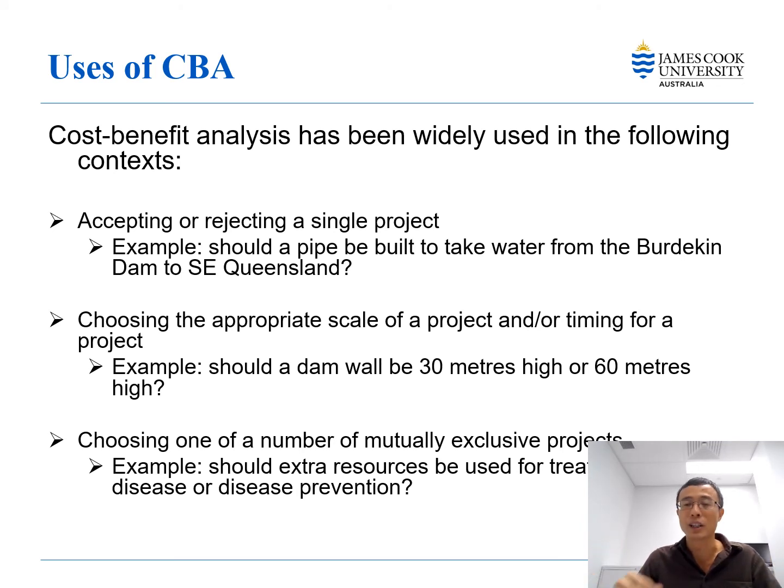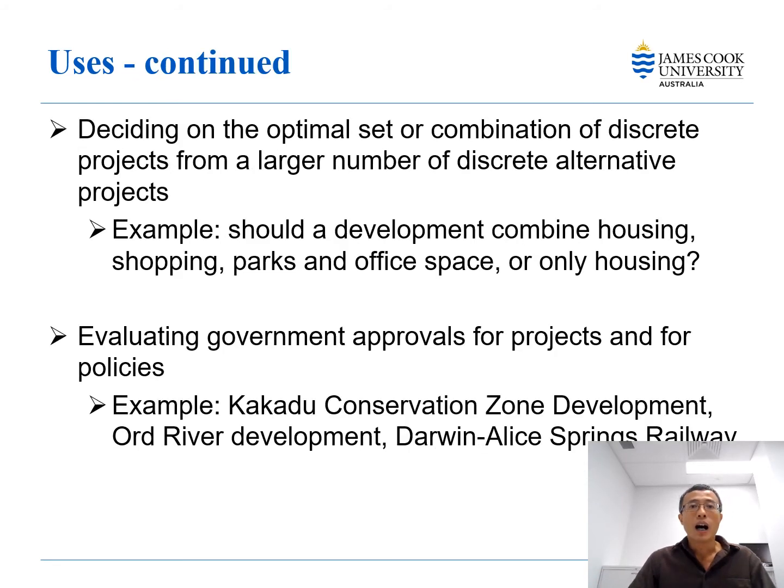You can use CBA to decide which one you should choose. You can also use it to decide the optimal set or combination of discrete projects from a larger number of discrete alternative projects. For example, should a development combine housing, shopping, parks, or office spaces, or just housing?